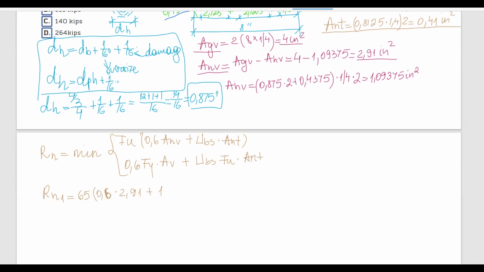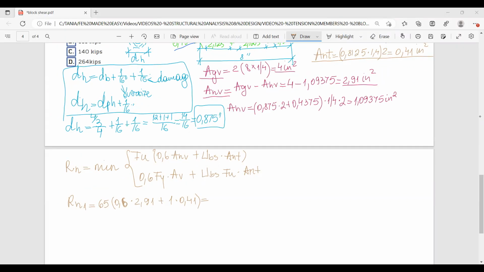It's given in the FE Handbook. Also, Ant, we have calculated it, is 0.41. You should get 140.14 kips.